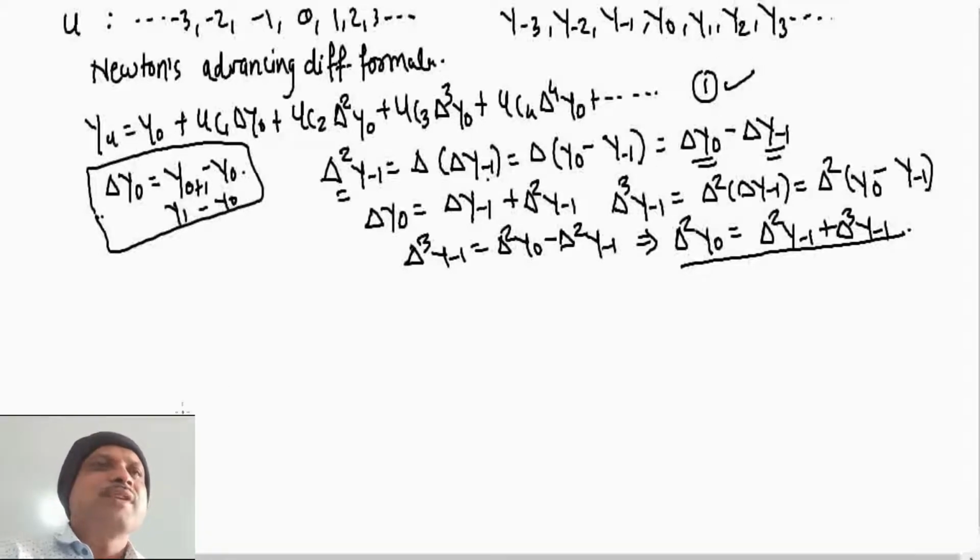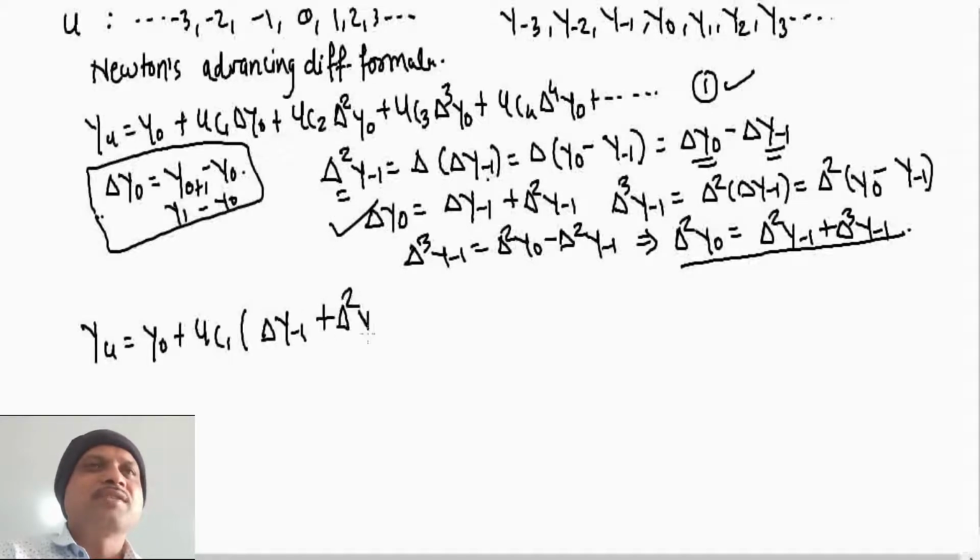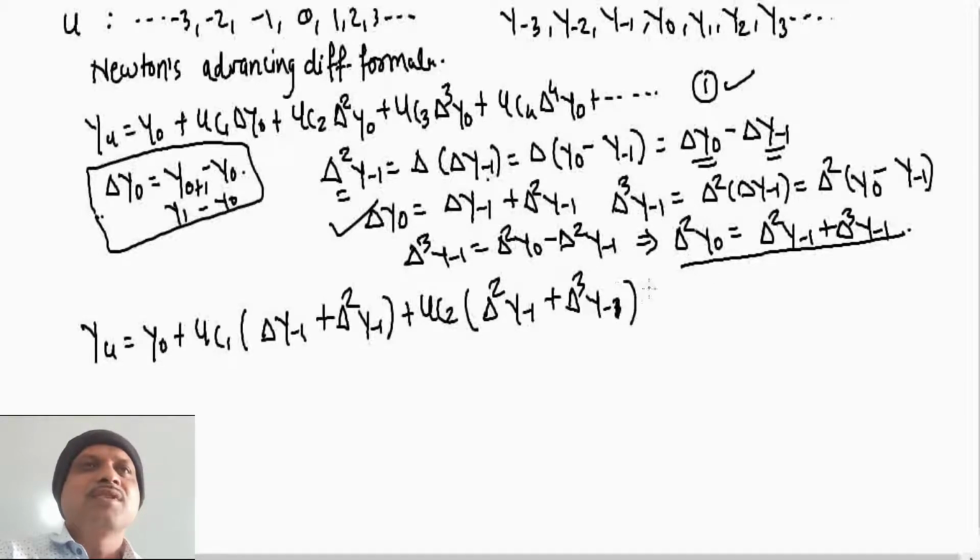If we put these values, y at u equal to y0 plus uC1 into delta y0, where delta y0 equals delta y at minus 1 plus delta square y at minus 1, plus uC2 delta square y0, which is delta square y at minus 1 plus delta cube y at minus 1, plus uC3 delta cube.